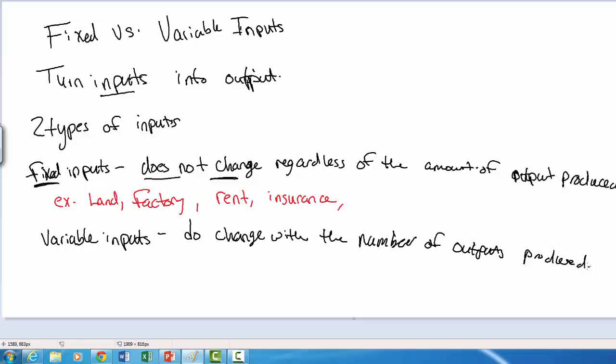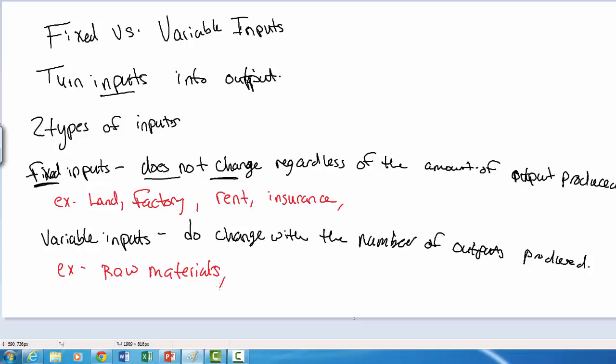Okay, an example of a variable input would be your raw materials. Think about a car. A variable input for that car would be the steel or aluminum they use to make the body. So raw materials, and that's your biggest thing.